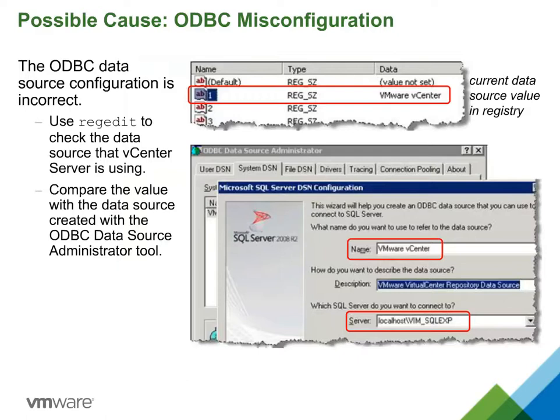It's always a good habit just in case the worst happens. And then you want to compare the values that you have for your ODBC connector in the registry with what you actually see in the ODBC itself.